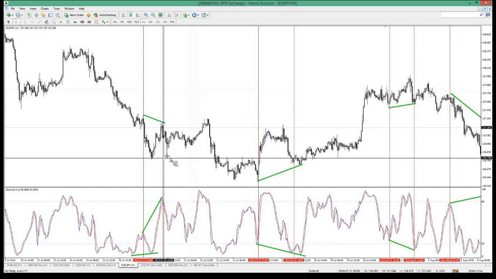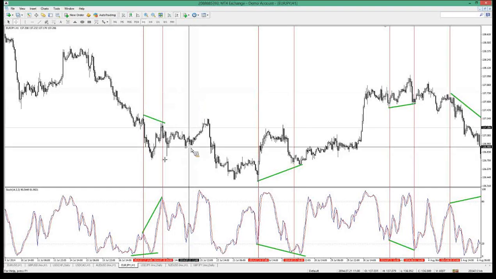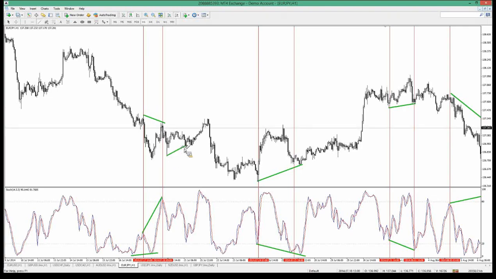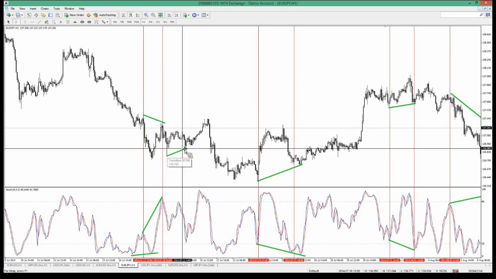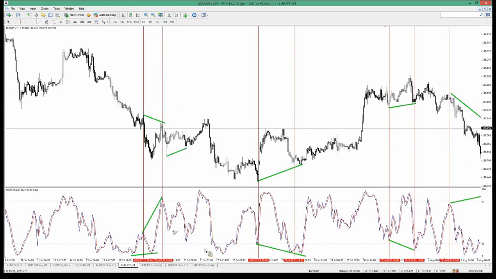Even in this little section here, which is obviously a bit of chop, it still works okay. We have price forming a higher low, stochastic forming a lower low.